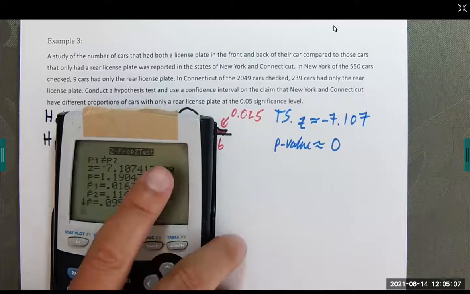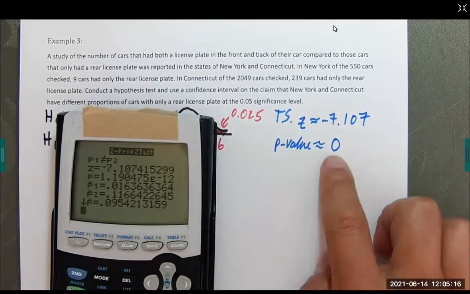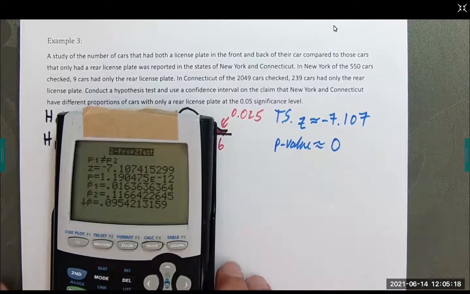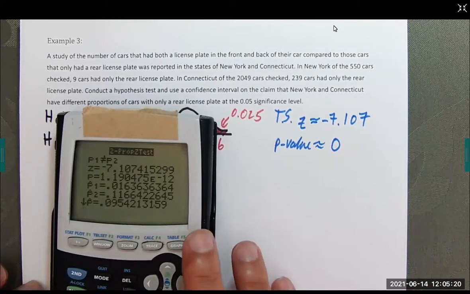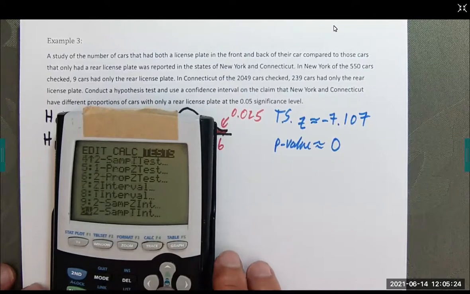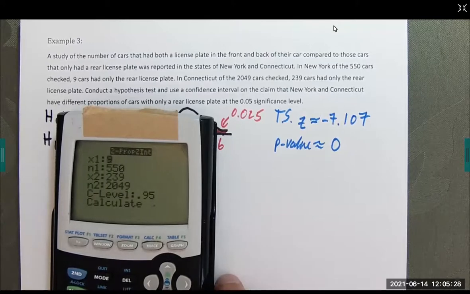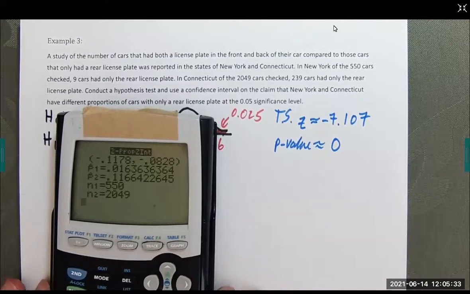But before we do that, let's run the confidence interval as well. I would expect that both boundaries are going to be negative or both are going to be positive, because we're definitely rejecting here. Let's go here. This is going to be, once again, 2-prop z interval right there. It has all the same numbers in there. Also 95%. Yeah, notice it's negative and negative.